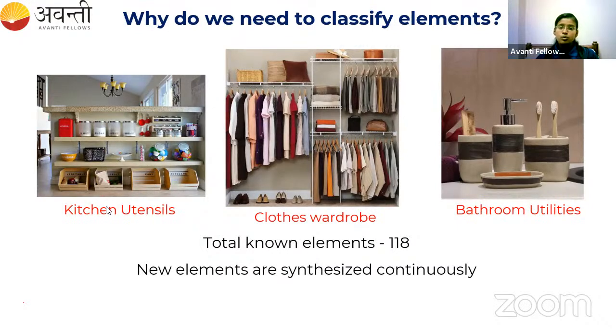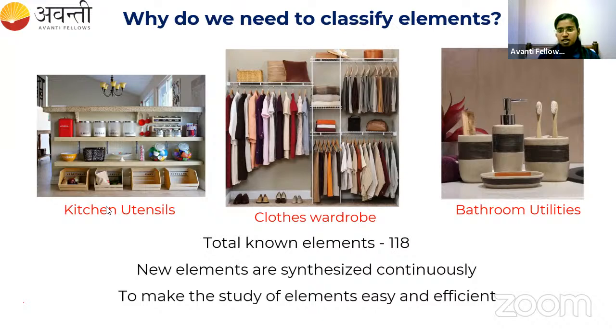So to make the study of the elements easy and more efficient, we are classifying the elements and putting them in a separate column or in a separate row. So to make the study of the chemistry of the elements easy and efficient, we are classifying the elements.